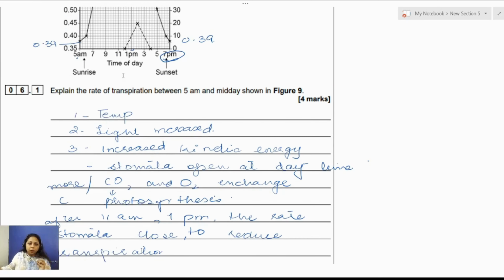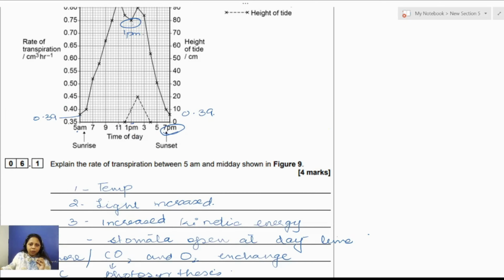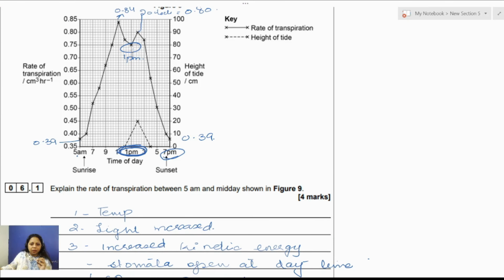Okay, so here they have mentioned 1. Here. Okay, 1 p.m. I thought it's at 1 because it's a solid line, it's going at 1. This one solid line. Okay.